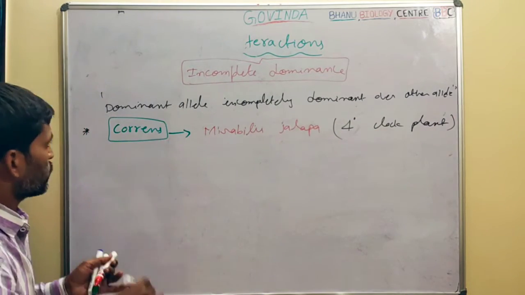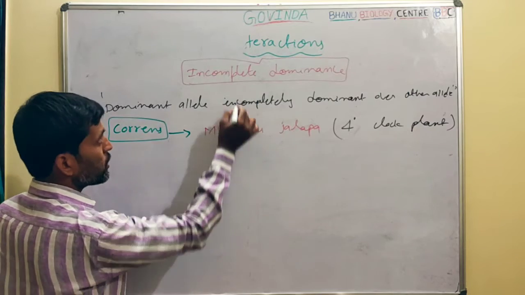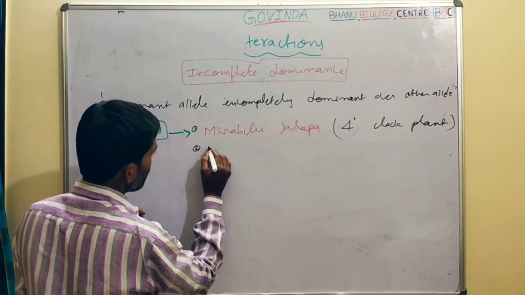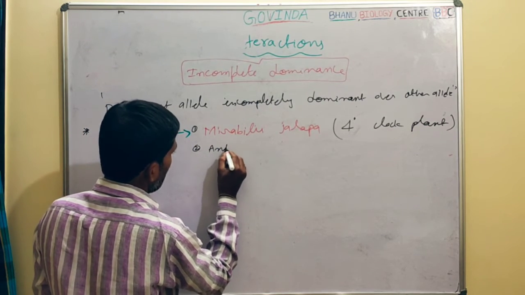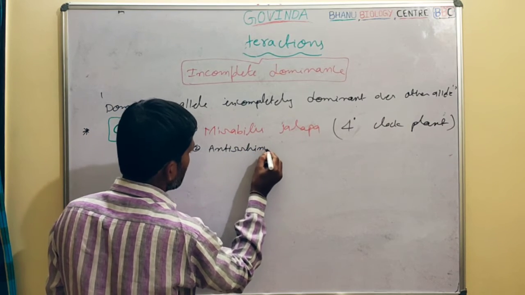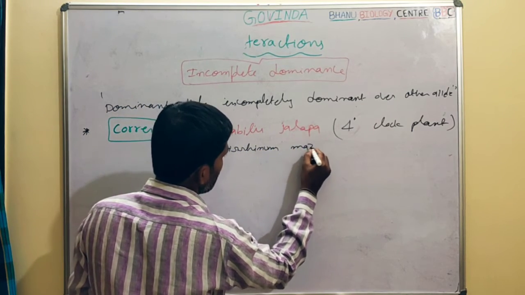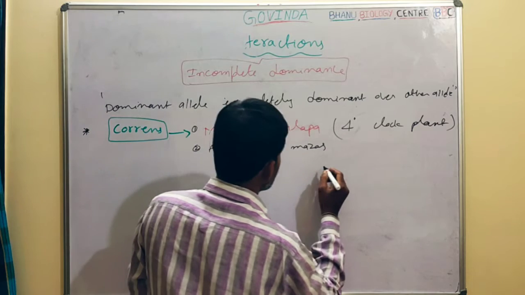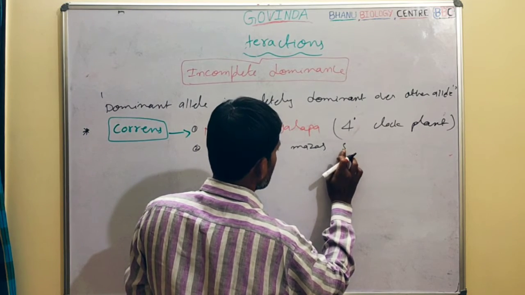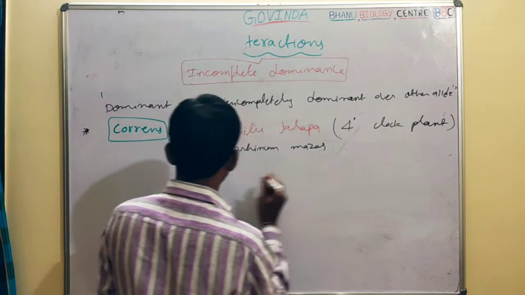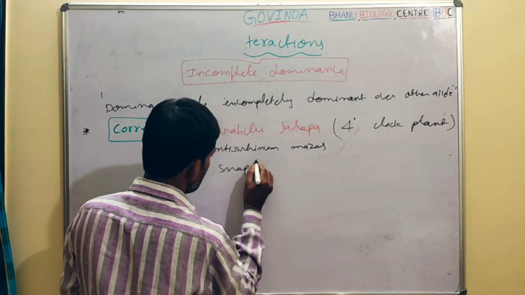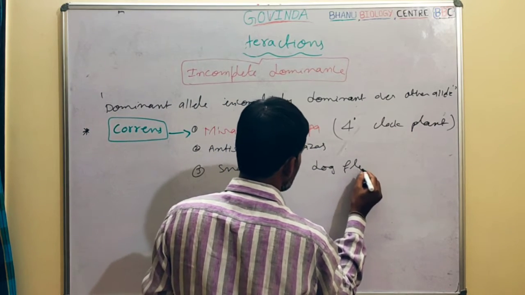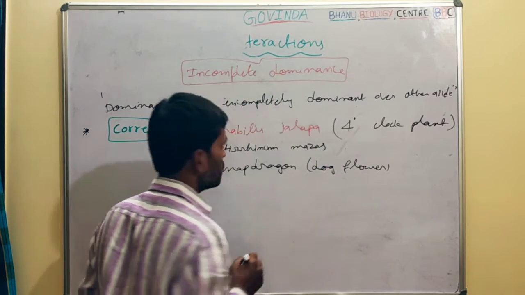Other examples are Antirrhinum majus, called snapdragon or dog flower.